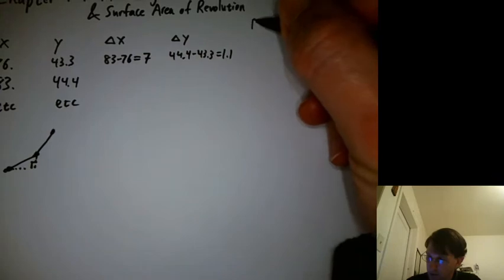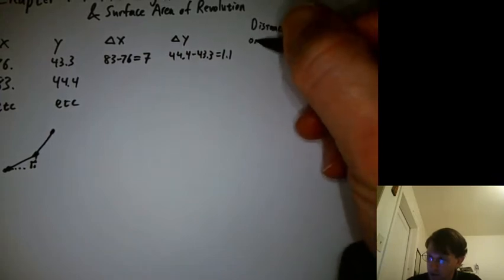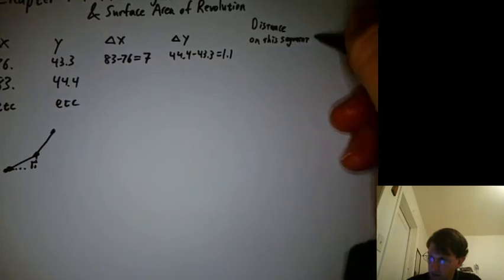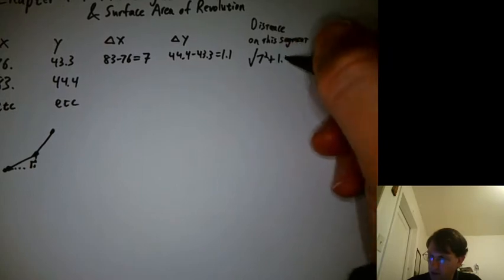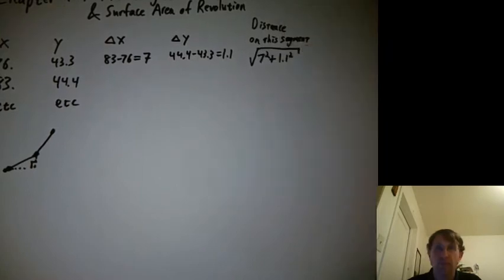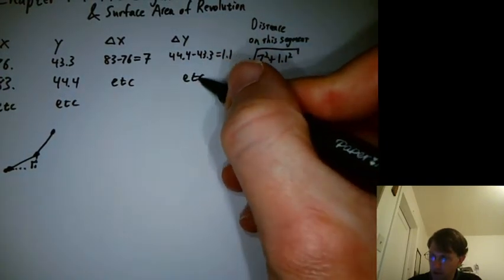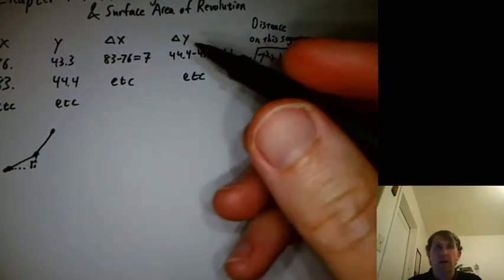So we could say the distance on this segment would be the square root of 7 squared plus 1.1 squared. And then you do the same thing on the next row, the same thing on the next row, same thing on the next row, all the way down.